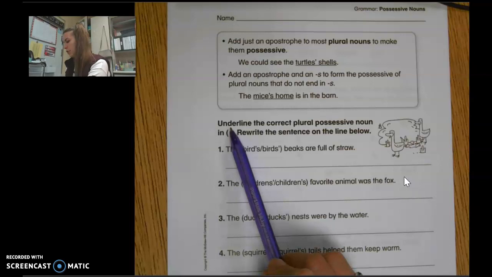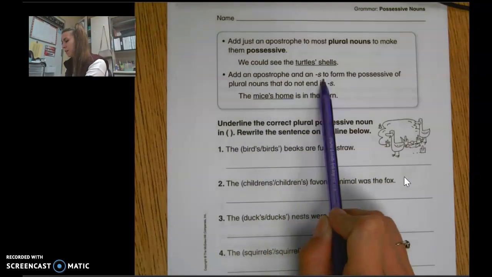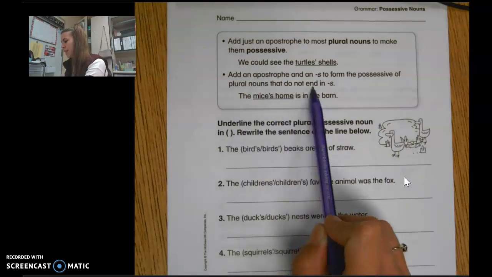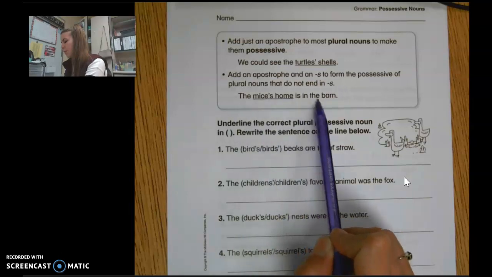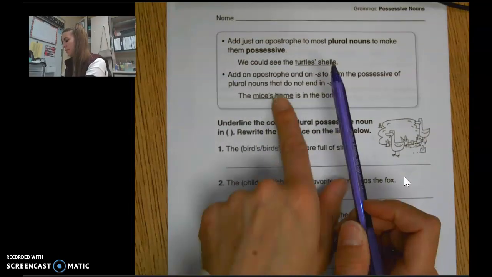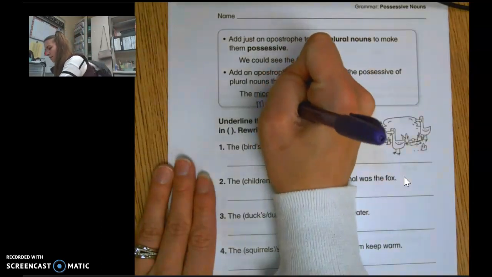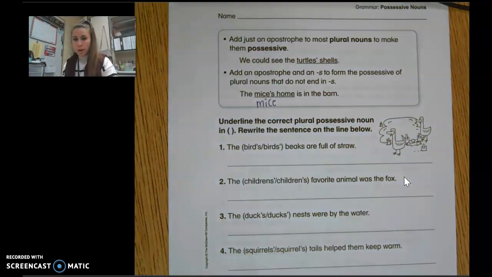So in the directions up here, it says add an apostrophe and an S to form the possessive of plural nouns that do not end in S. The mice's home is in the barn. So I know mice without the S is already plural. We learned that last week. You could have one mouse or you could have many mice.